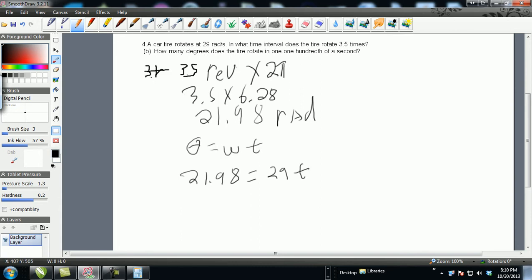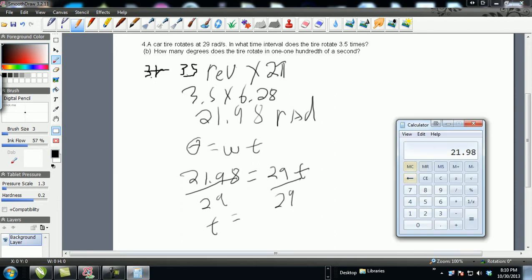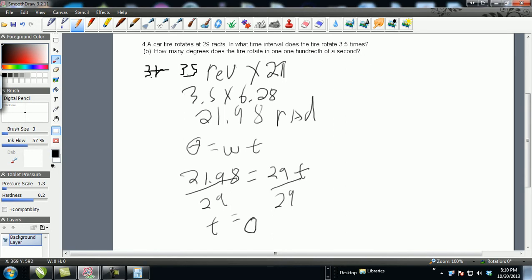That gives me t, divided by 29, divided by 29. So my time equals 21.98 divided by 29, which equals 0.76 seconds. Cool.